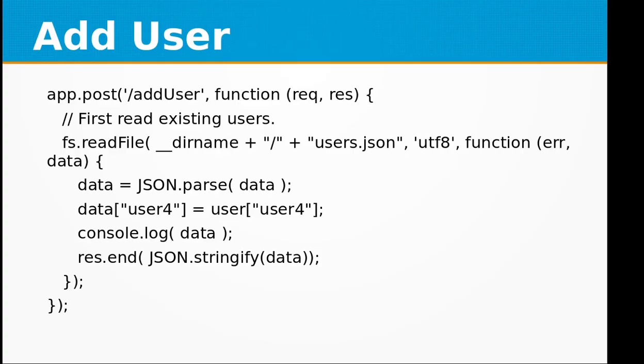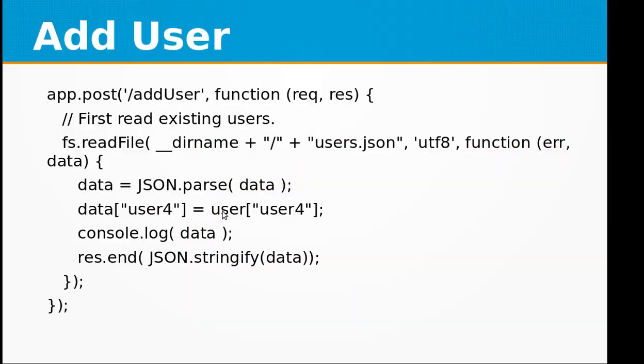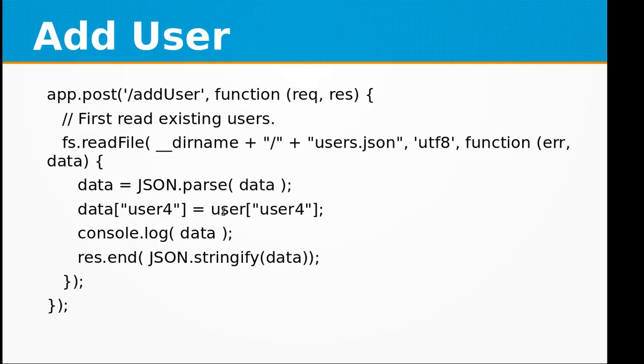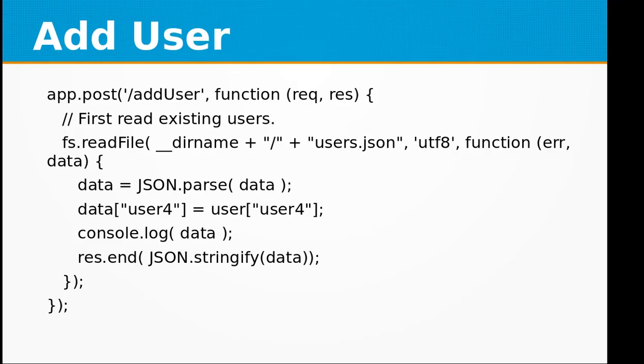__dirname returns us the current directory, and we need to fetch users.json. The encoding is UTF-8. Okay, then we have the function with error and data, and here we are going to do our processing.